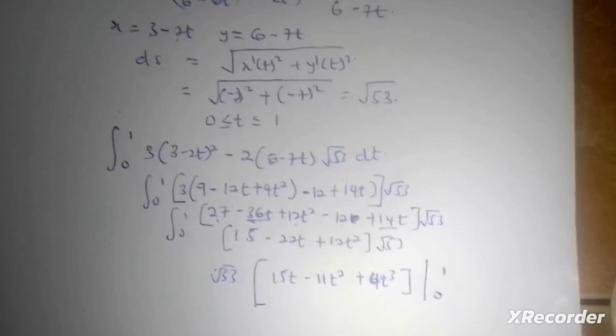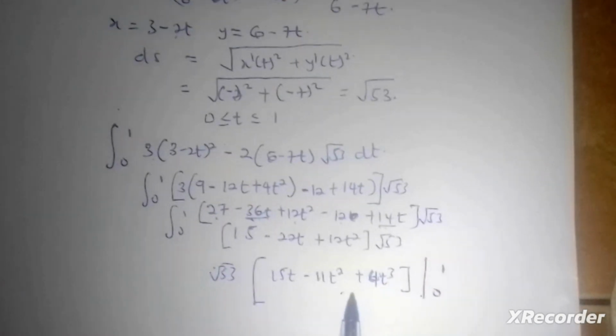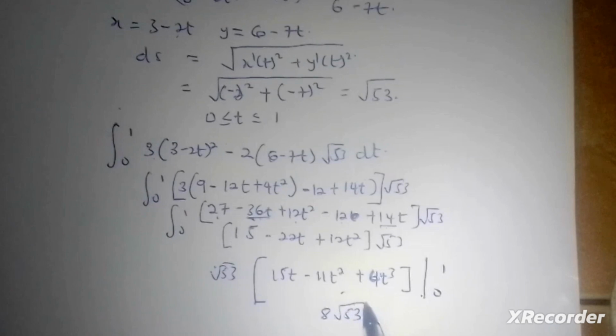Once I do this, when I put 0, everything will be 0, so I'm interested in the 1. So you just take a calculator, punch 15 multiplying 1, then minus 11, then plus 4. That is simply giving us 8. So that is simply giving us 8 root 53.